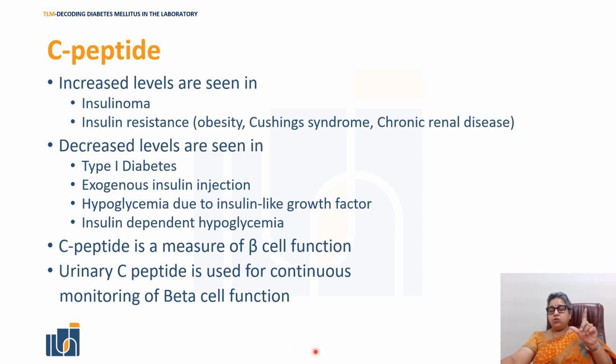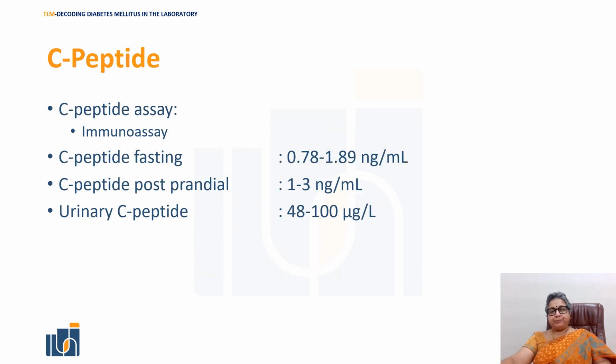So we have these two tests which are not done very commonly, but usually in cases where you suspect type 1 diabetes, to differentiate it from type 2 diabetes, we do insulin and C-peptide and establish a baseline level in these patients. We do immunoassay to measure C-peptides.